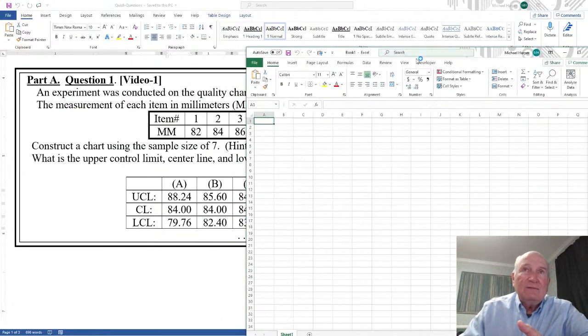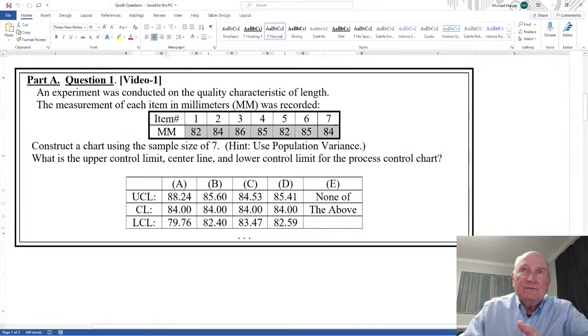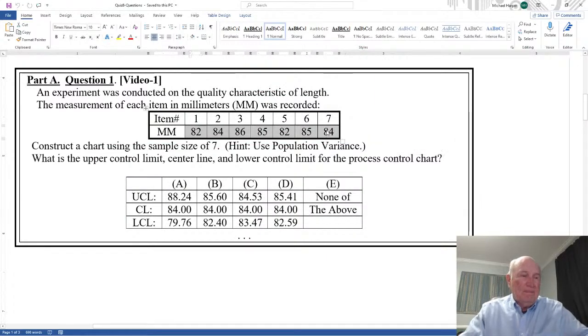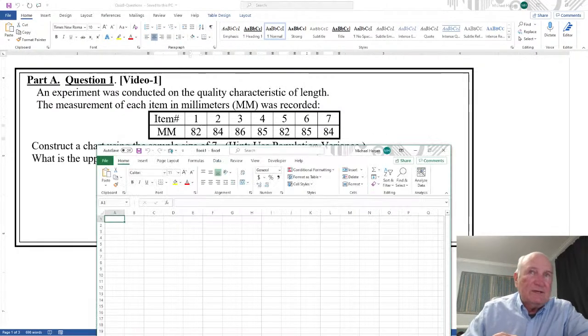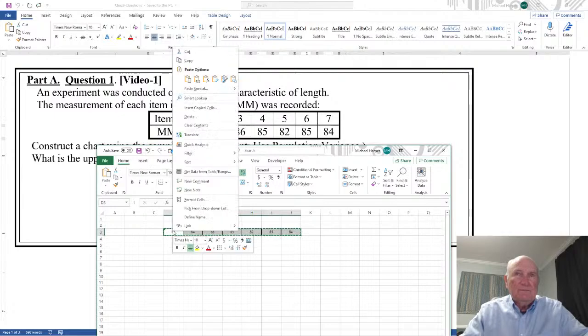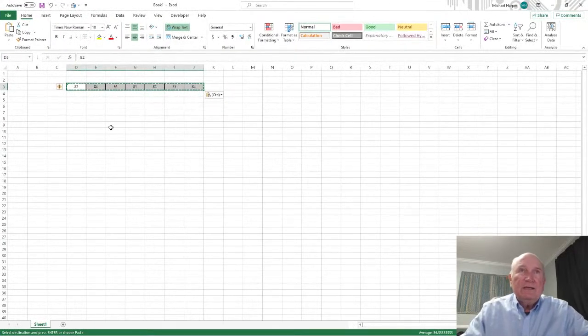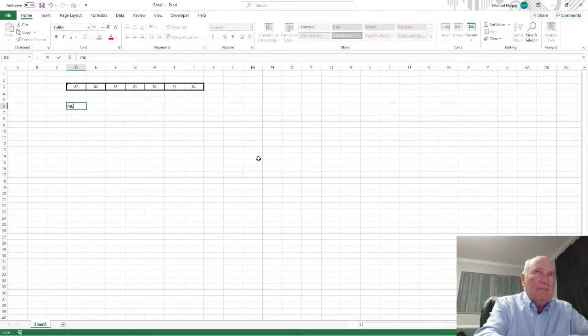Now, in order to do it, let's bring in Excel. Take this right here, Control C and copy that thing. Bring Excel back. Put it right here. Paste. Now remember, what you need is the mean and the standard deviation, right?